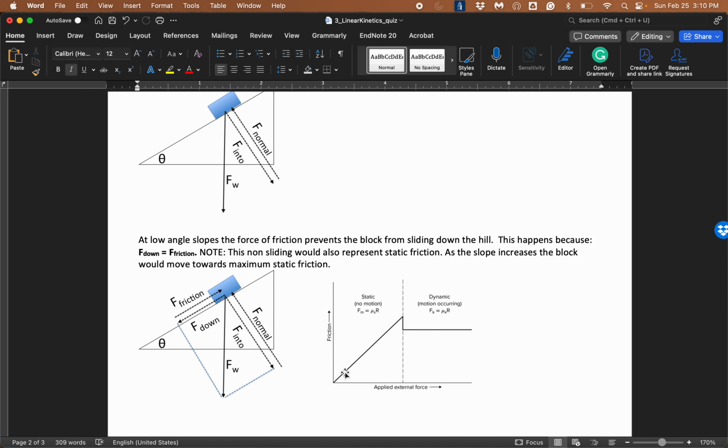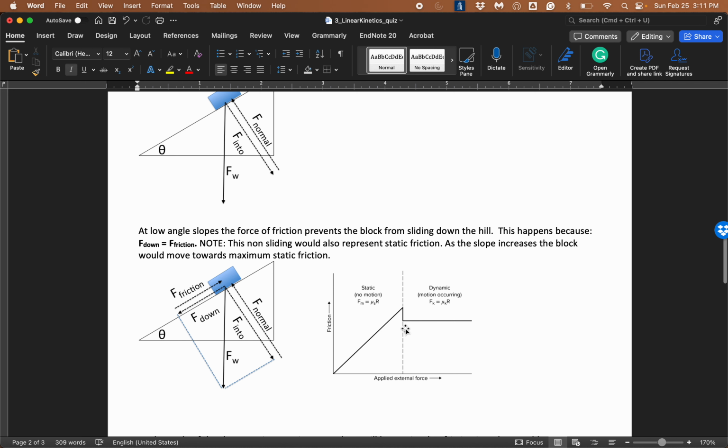There's a lot of friction between the two surfaces, and eventually we get to maximum static friction, and the maximum static friction breaks and the object starts to move, which we call kinetic friction. Sliding is kinetic friction, and that's always lower than maximum static friction. So if the block began to slide down the surface, we would be beyond maximum static friction and would have dropped down into kinetic friction.